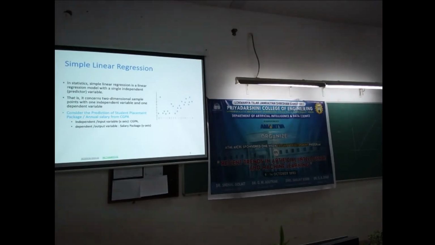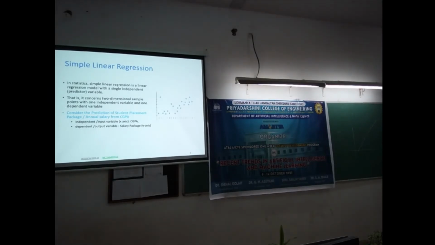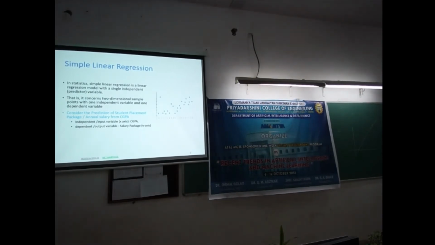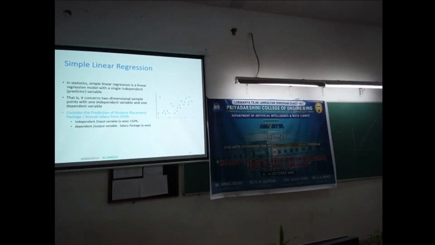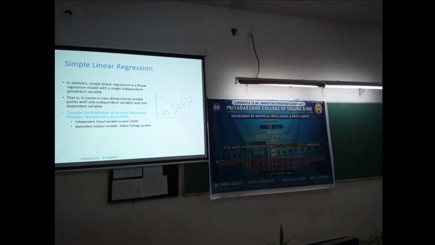Now this is a largely linear phenomenon, but CGPA is not everything. Maybe there are other factors. Why is this not exactly linear? It is not a perfectly linear set of observations because you have considered only CGPA, and there are other factors that influence the salary, like the coding skill of the student or the communication skill of the student.